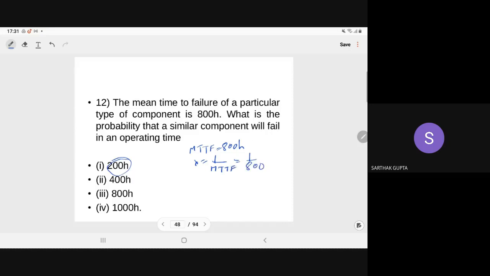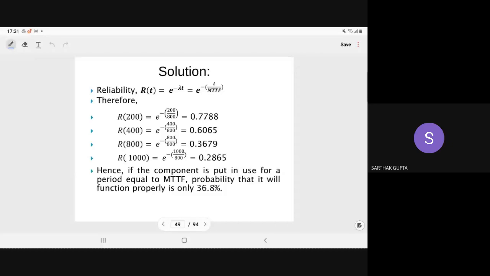So here what we have to compute? It lasts up to 200 hours. It means we have to compute the reliability at 200. So reliability at 200 means e to power minus lambda t. T is 200, lambda is 1 upon 800.